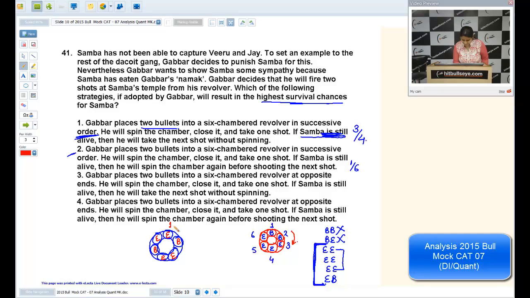Now you can write once again all the cases. You can go into a similar case. So we need higher survival chances. In the first only you will get 0.75. That's why the first option is the answer. Is it okay with you, all of you? Okay, I'm moving further.